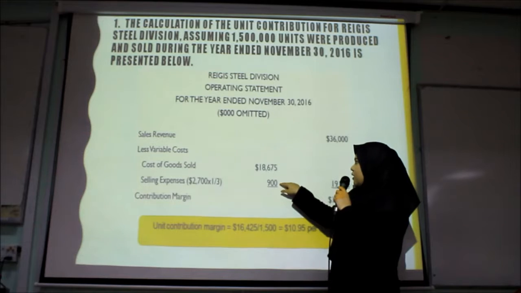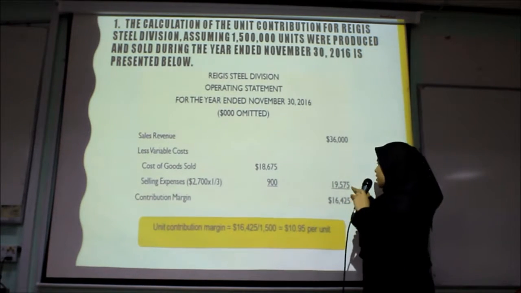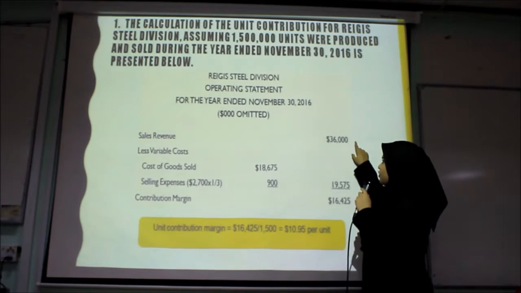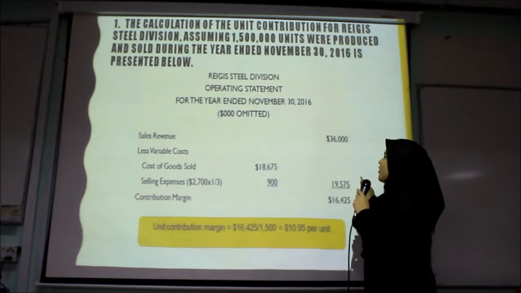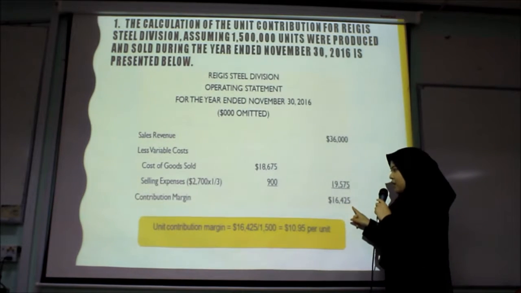So 900 is added to the cost of goods sold and we get 19,575, and we need to take sales less variable cost to get the contribution margin, which is 16,425.